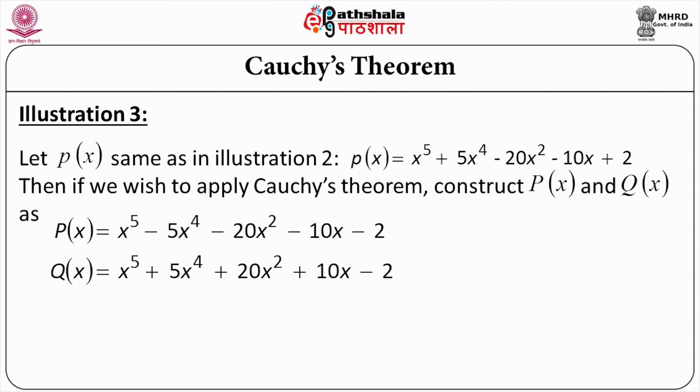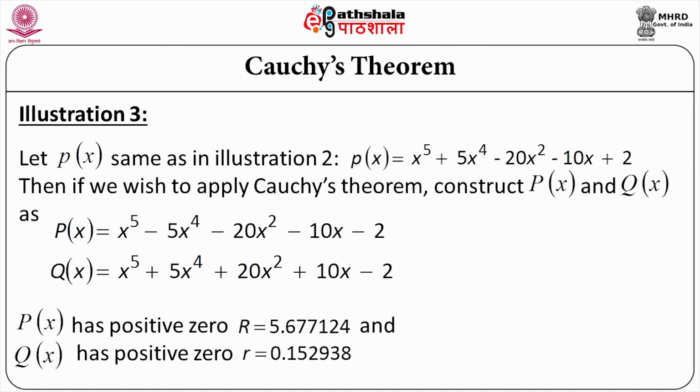So, capital P x is given by x raised to 5 minus 5 x raised to 4 minus 20 x square minus 10 x minus 2. And in the case of capital Q x, all the terms are positive except the constant term, which is made negative. So, capital Q x is given by x raised to 5 plus 5 x raised to 4 plus 20 x square plus 10 x minus 2.